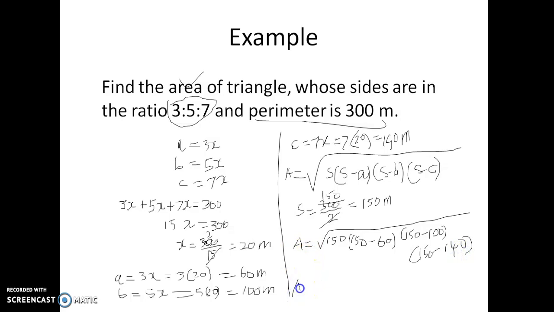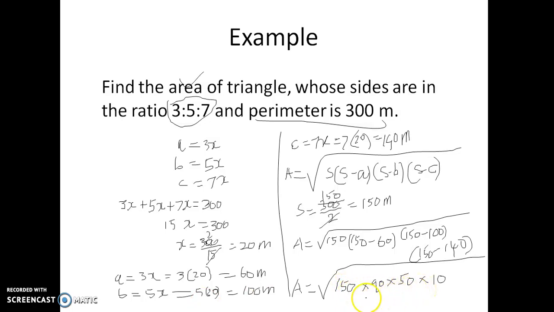Okay, so A equals root of, if you simplify this, 150 minus 60 is 90, into 150 minus 100 is 50, into 150 minus 140 is 10. Okay, so these are the values inside the square root.